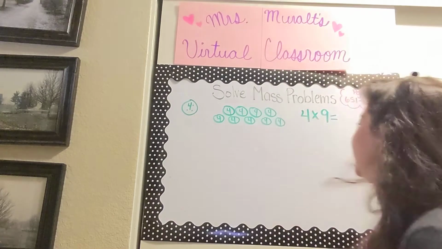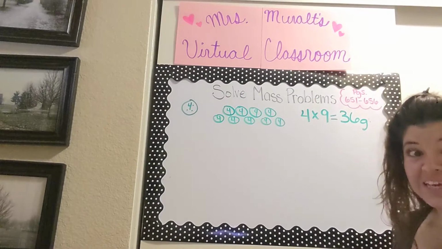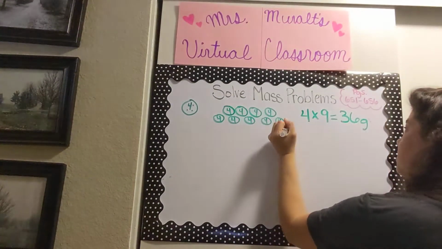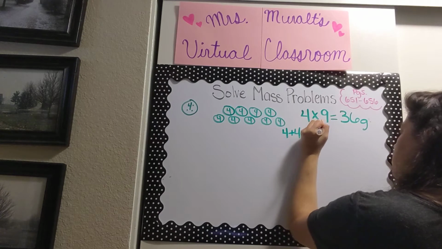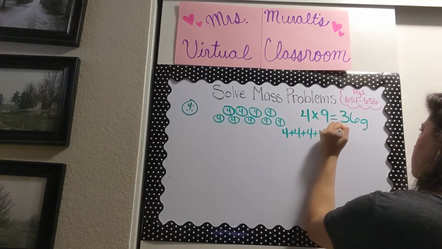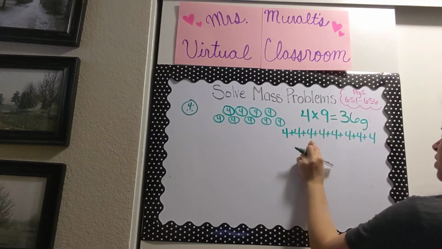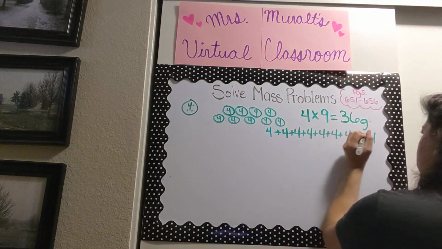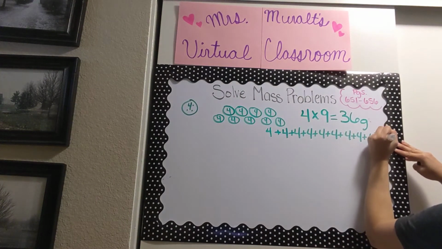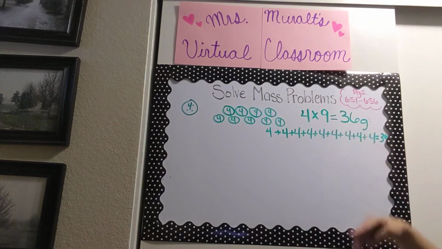You're right. 36 grams. It's also the same thing as saying 4 plus 4 plus 4... 1, 2, 3, 4, 5, 6, 7, 8. Oh, we need to add a few more. 9 equals 36. I'm running out of room. A repeated addition and multiplication is the same thing.